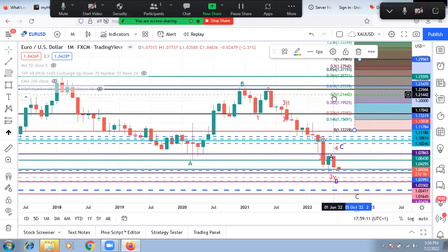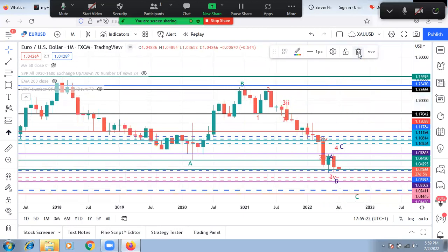That is what we have said. So the fourth wave correction can be 14.6, 23.6, 38.2, but not more than 50.